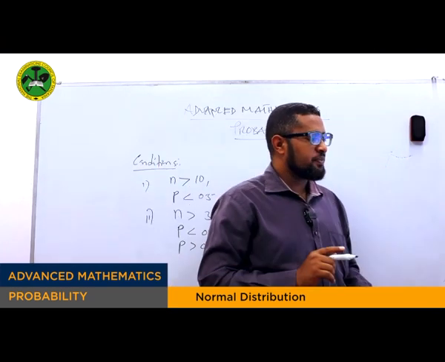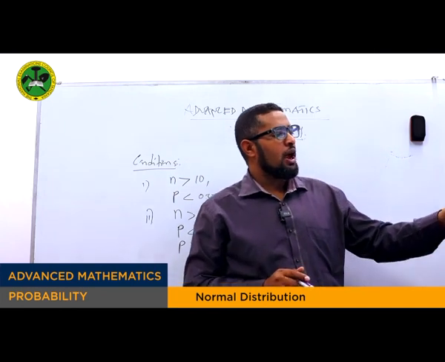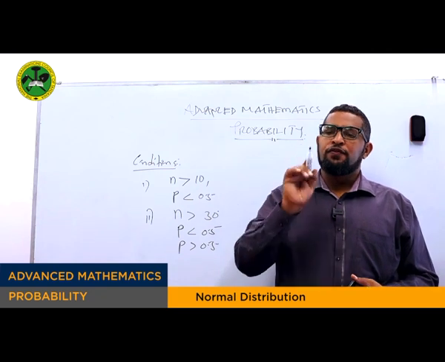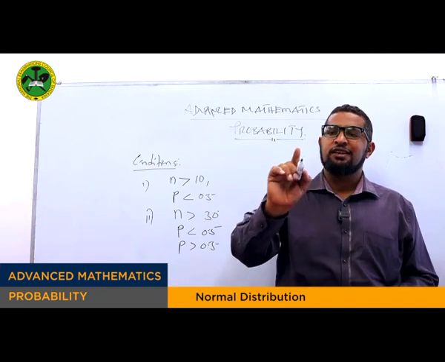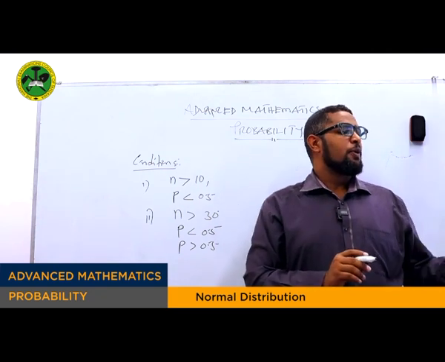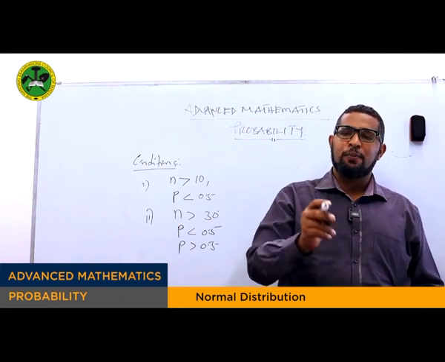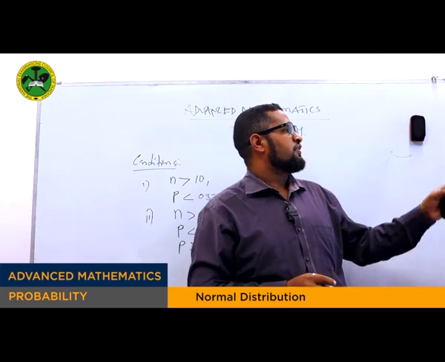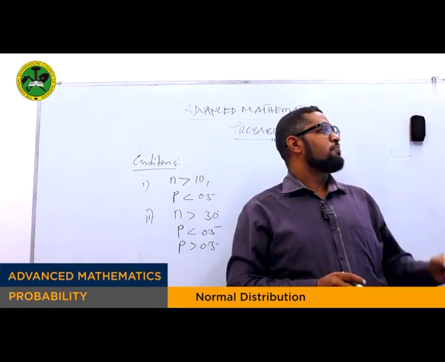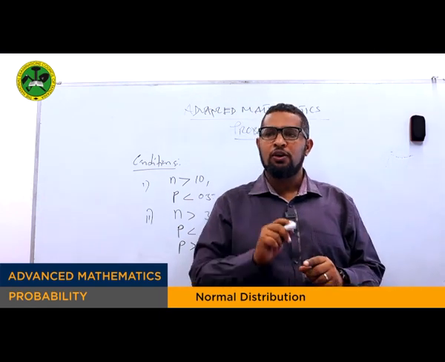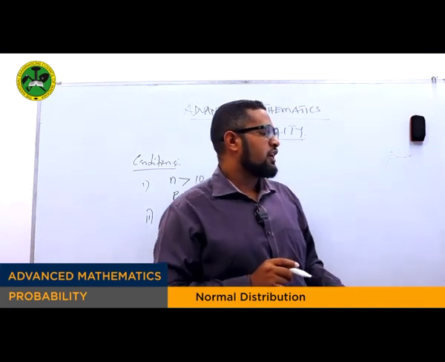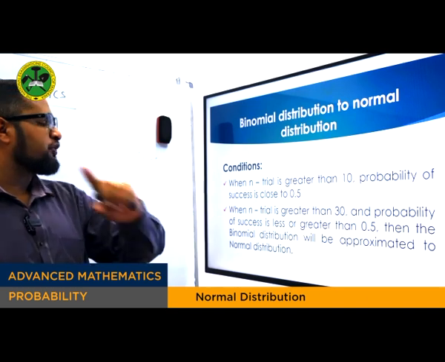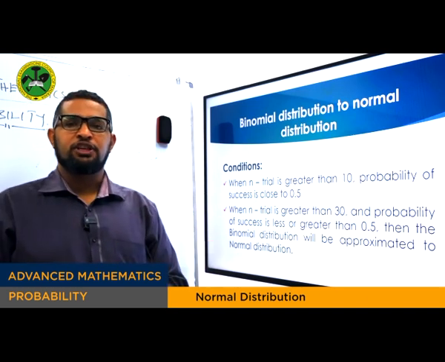But what makes you approximate is the number of trials. So if the number of trials is greater than 30 and the probability is either less than 0.5 or greater than 0.5, then you are supposed to approximate that binomial distribution to normal distribution.